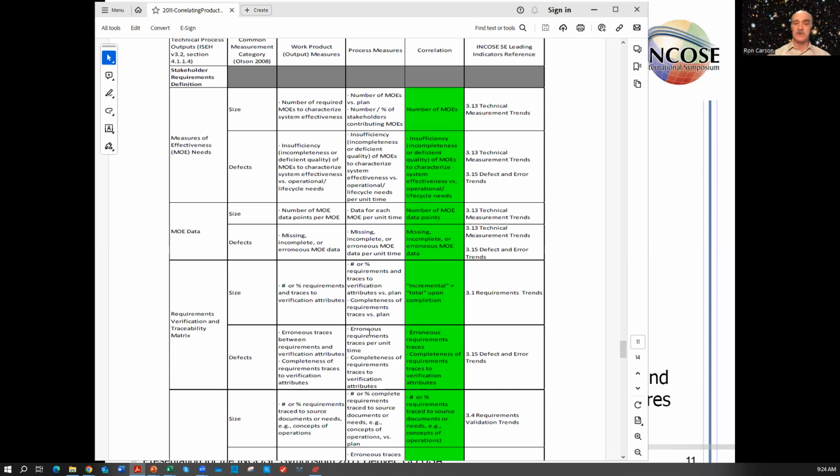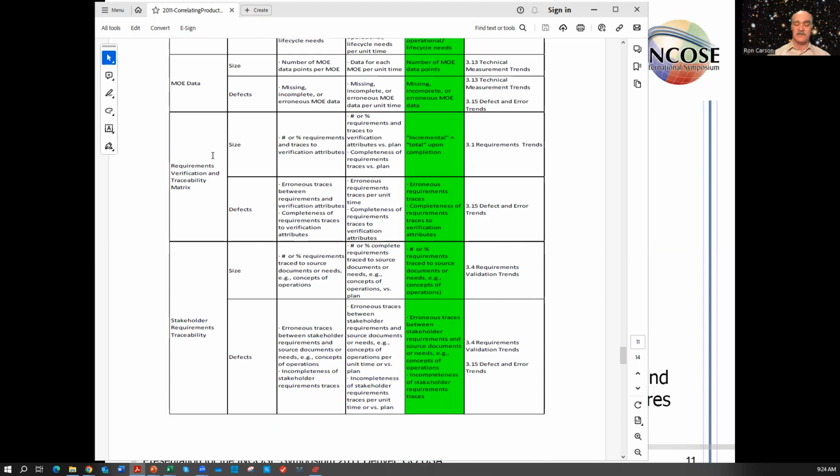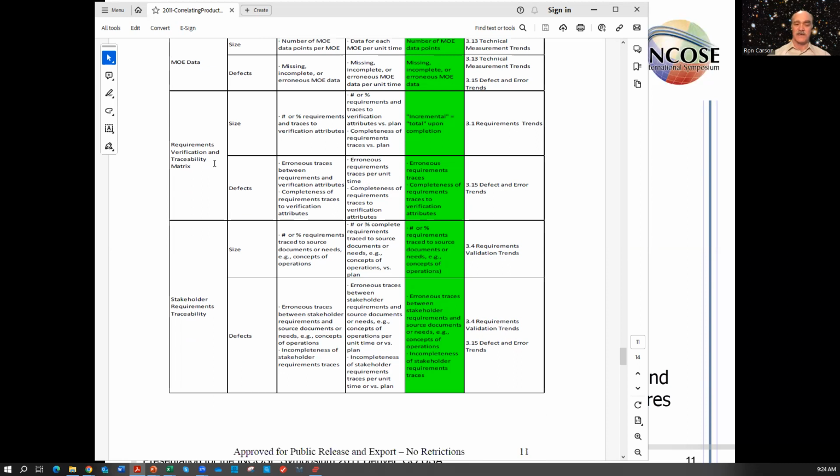So you could use the process measure in lieu of a product measure. And the related INCOSE SE leading indicators reference is indicated here. So for these that are established on this page, outputs from the stakeholder requirements definition process, pretty good correlation, I expect.